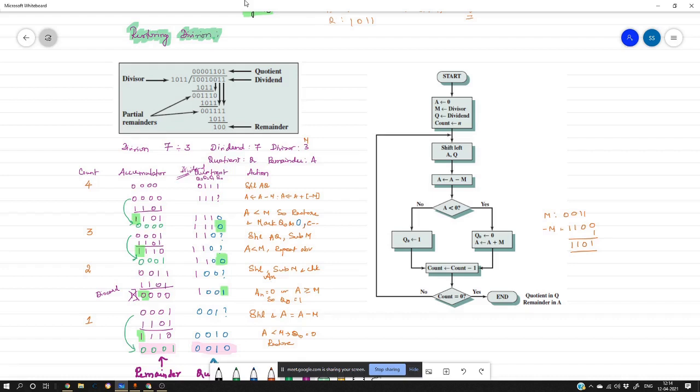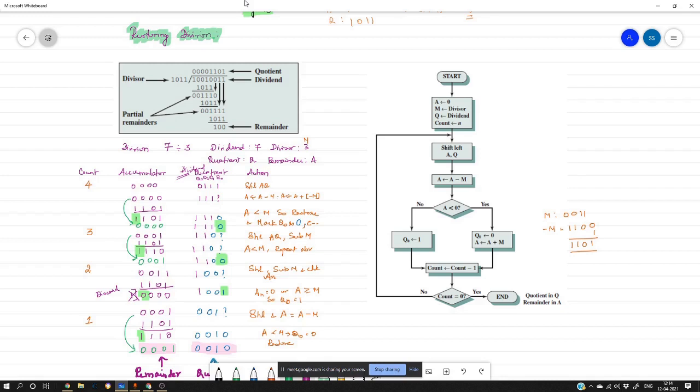Before getting into the algorithm, let us see how manually we divide two numbers when they are represented in binary form. Here as an example, we have a dividend of 8 bits and a divisor of 4 bits, and we take 1 bit at a time from the dividend and check whether that is divisible by the divisor. This is what we normally do even in decimal division, right?